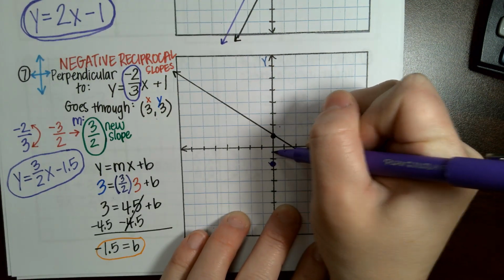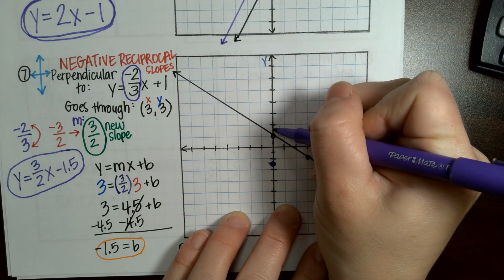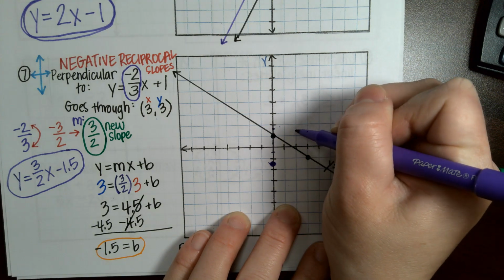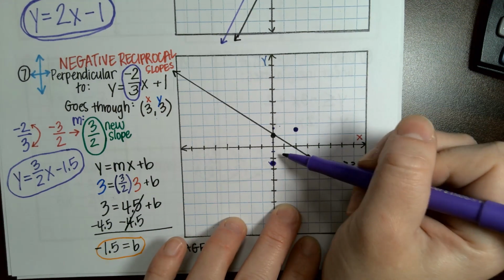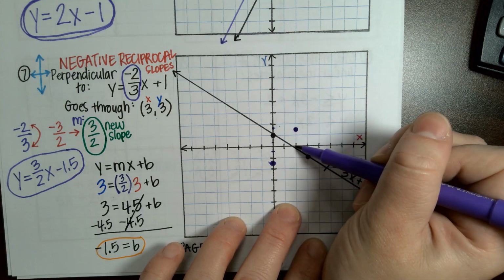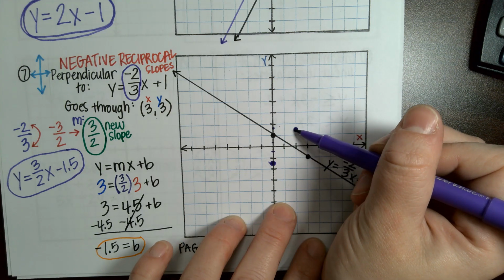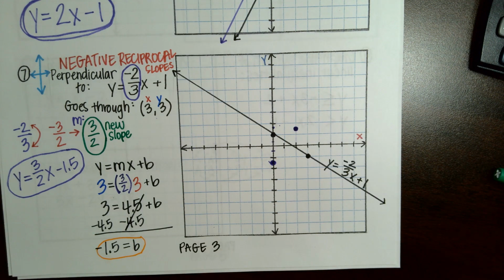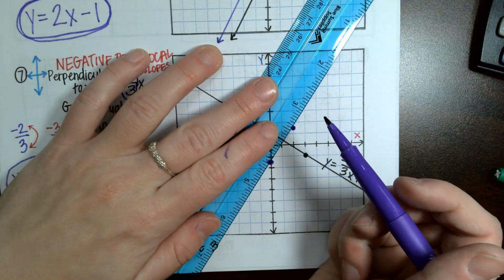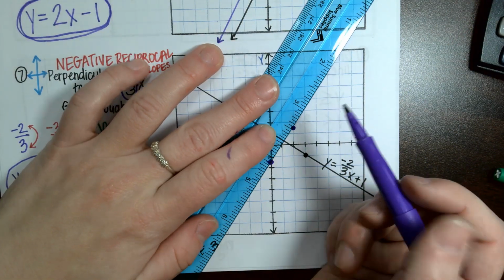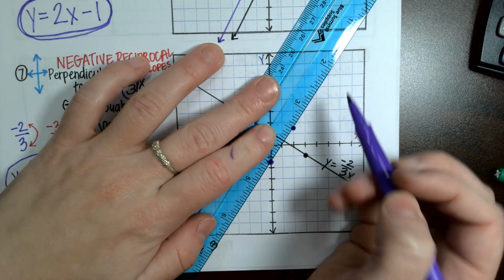I'll go up 1, 2, 3. And our run is 2, 1, 2. Right here. So our next point is at x is 2, y is 1.5. I know, I'm sorry. I promise, I worked out the problem for your final and it's not a decimal.